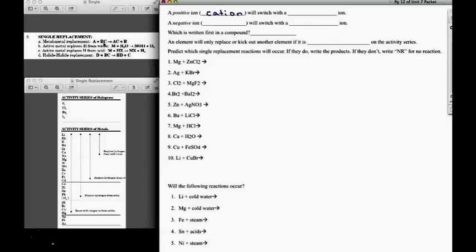If A were to kick out C, you would have a positive charge and a positive charge together. That's impossible. So A has to kick out a positive charge if A is positive. If A is positive and B is positive, A is going to kick out B. So a cation will always switch with a positive ion.